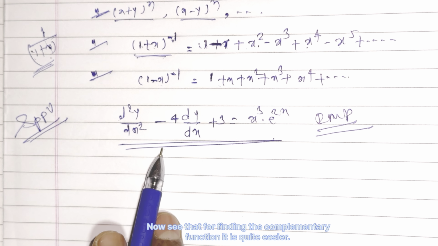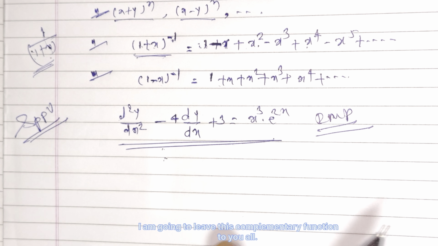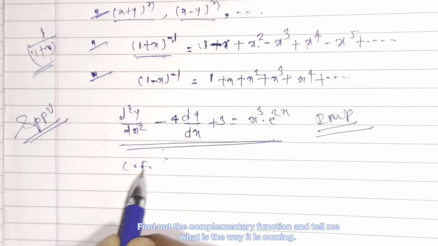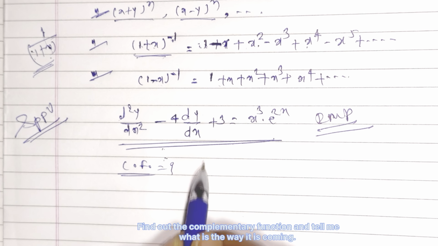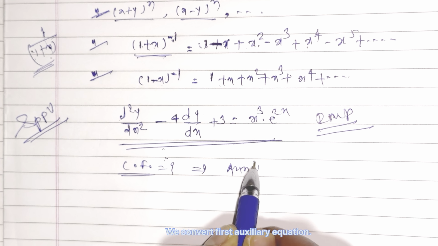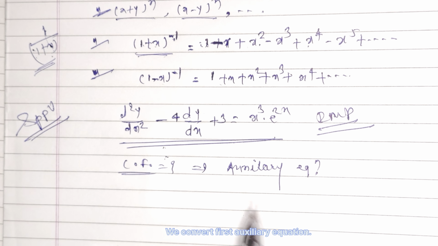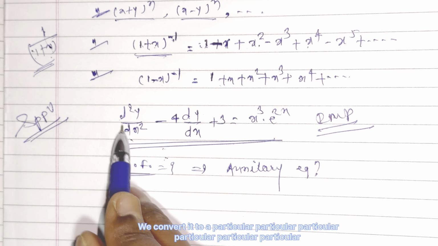Now see that finding the complementary function is quite easy. I'm going to leave this complementary function to you all. Find out the complementary function and tell me what value it comes to. For the complementary function, we first convert to the auxiliary equation using our given differential equation. So what is the auxiliary equation?